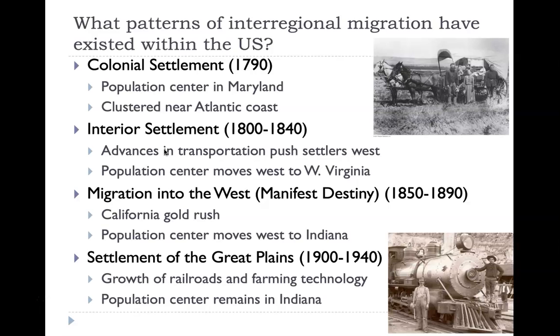And then we swing back and hit the Great Plains. And this is where Minnesota is, where we start to see the Scandinavian populations come through. Note that technology, railroads in particular, helped push that as well. And in each case, up until 1940, it's always a push west, west, west, and more west.